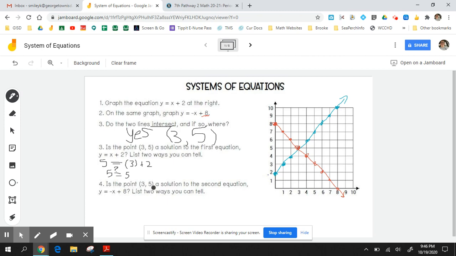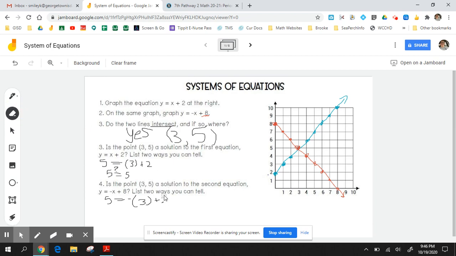Then on number 4, it says the same thing, but with a different equation. So we could plug in 5 over here, and then we'll plug in 3. Remember, this time it has a negative out in front, and then plus 2. All right, I just messed up.